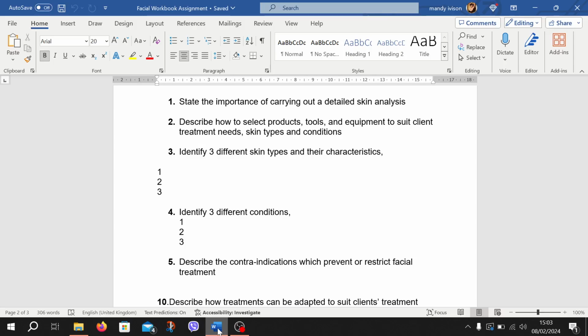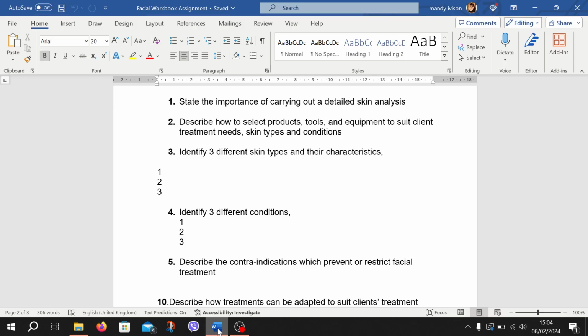Question 2 is describe how to select the products, tools and equipment to suit your client's skin types and conditions. So obviously, depending on the skin type from your consultation, depends on what products you're going to be using.